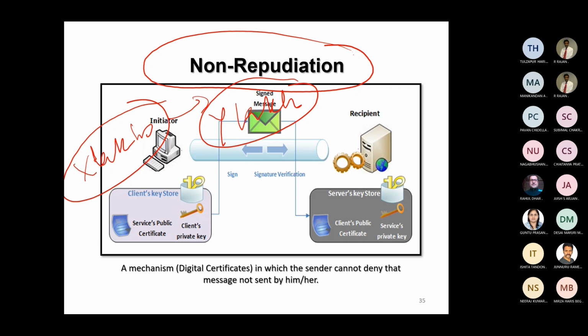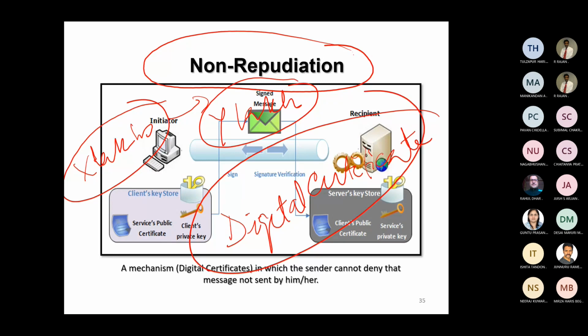So how would you ensure that non-repudiation is controlled through technology? This can be controlled through digital certificates. Digital certificates are the technology through which the non-repudiation mechanism can be controlled. Okay.